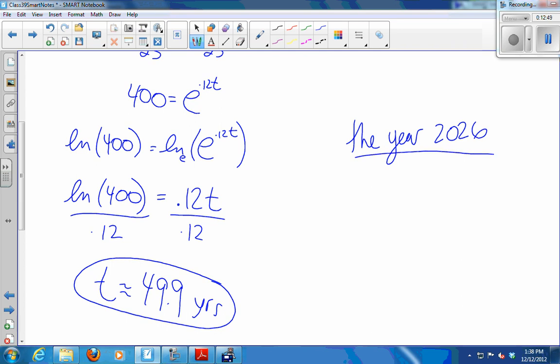Or almost 2026, right? Do we think that this is an accurate prediction? Do you think that this will actually be the year that we reach 100 billion gallons in sales of water? Based on the last question, this is probably not accurate because it seems that sales are slowing.